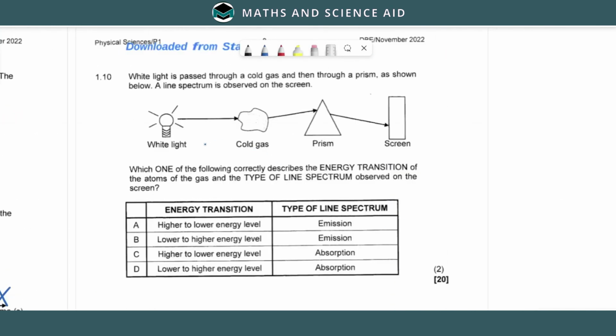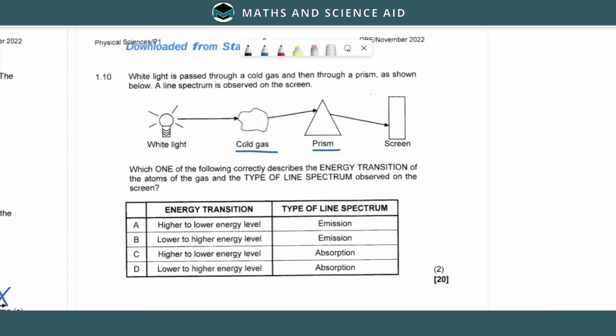And now the final question here in the multiple choice questions, 1.10, says white light is passed through a cold gas and then through a prism as shown below, and a line spectrum is observed on the screen. So the question is, which one of the following correctly describes the energy transition of the atoms of the gas and the type of line spectrum observed on the screen?